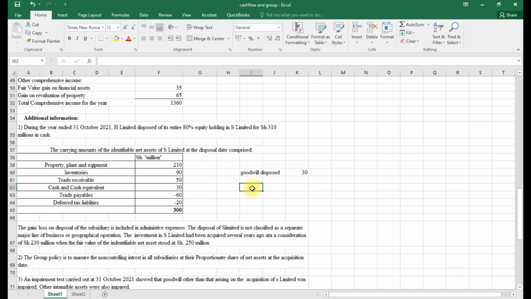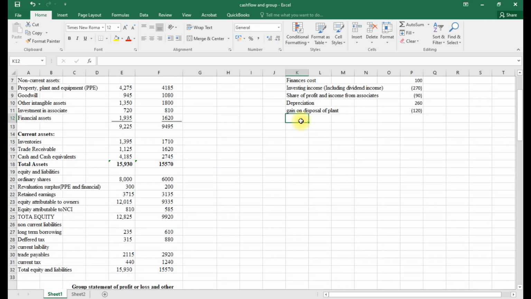That means our gain on disposal will be: we sold it at 310, we minus the net assets that we sold, net assets was 300 multiplied by 80%, what we sold, and we also minus the goodwill that was unimpaired. We find that we had a gain of 40.